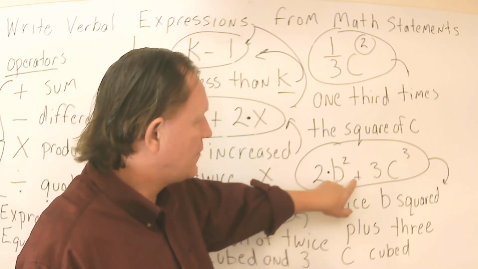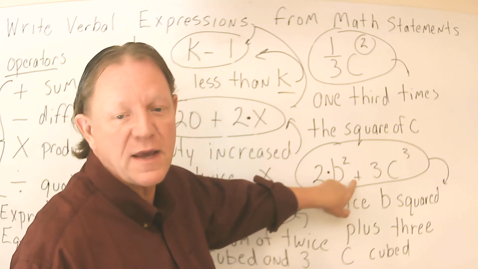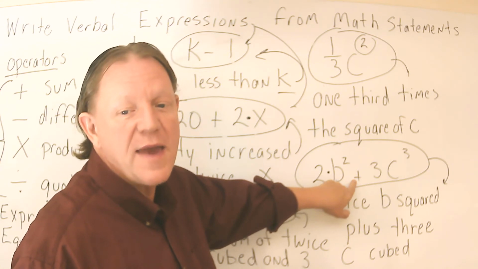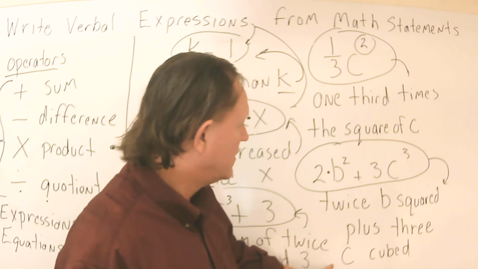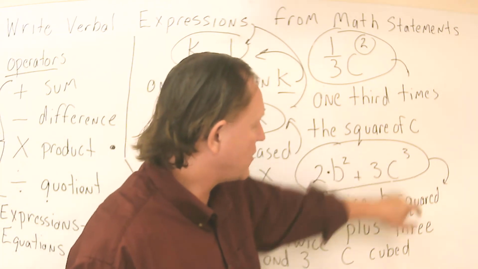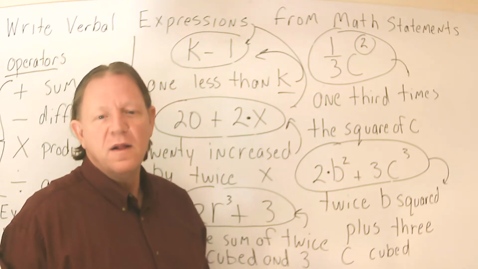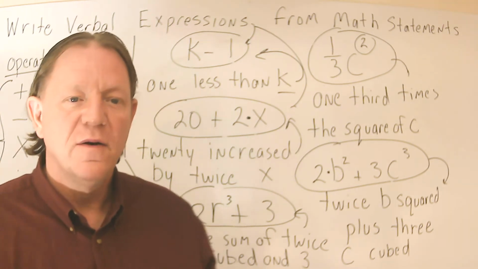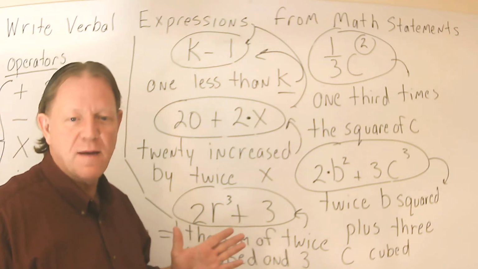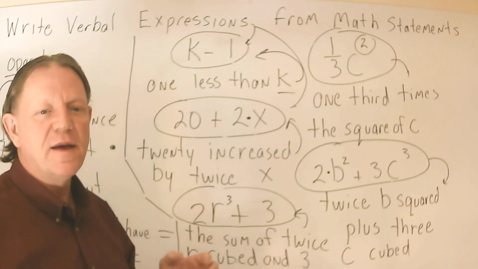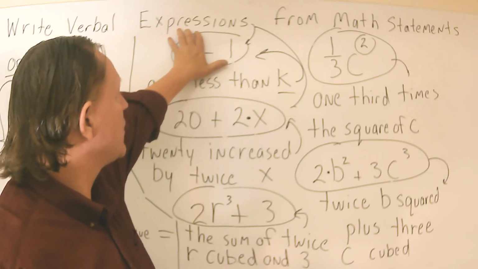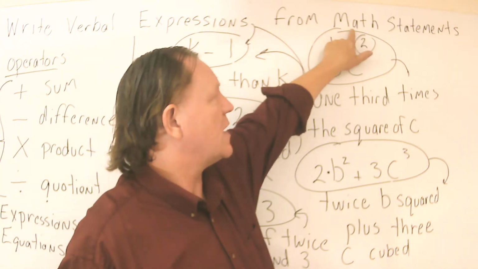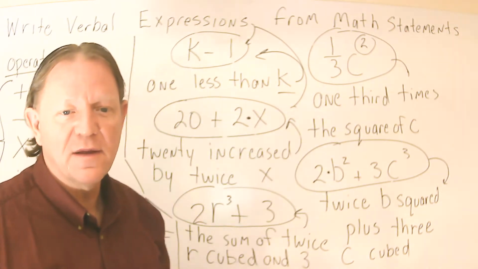Plus, you could say plus, definitely, you could say increased. You could say added to, but we chose plus 3 cubed. So 3 to the third power, 3 cubed. So again, algebra concept here. Very important that you can get a verbal expression from math statements.